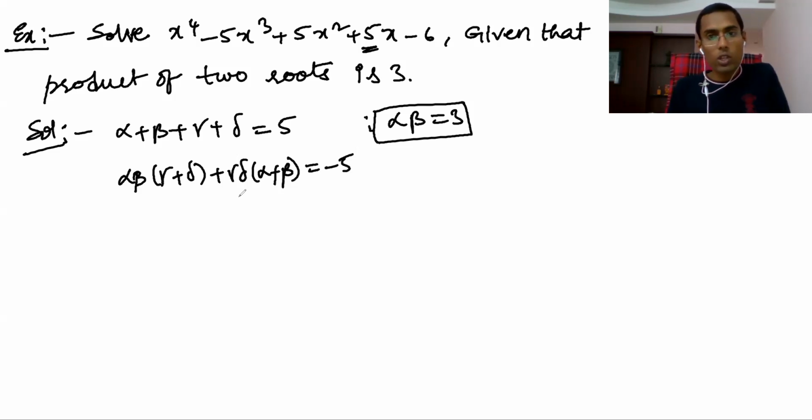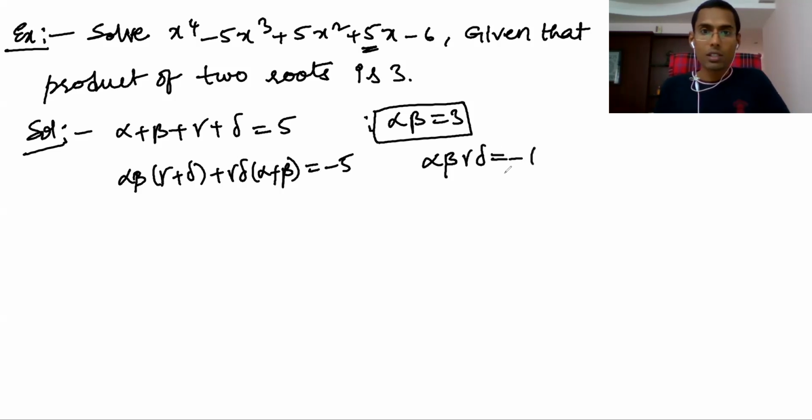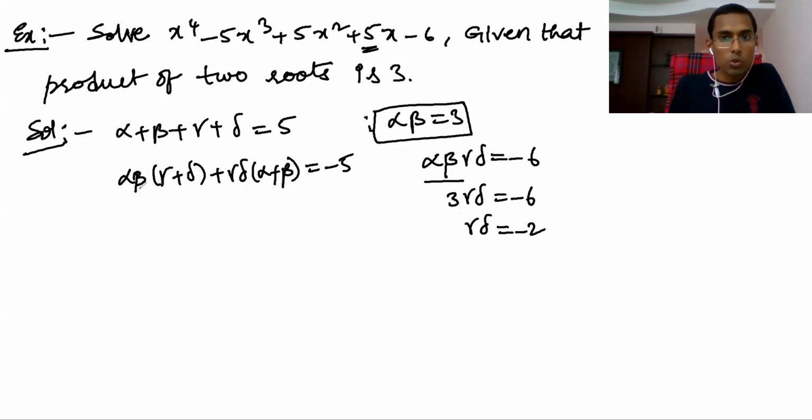I know the product of all four roots, alpha beta gamma delta, is minus 6. So if alpha beta is 3, then gamma delta is obviously minus 2. Substituting, 3 into (gamma plus delta) plus minus 2 into (alpha plus beta) equals minus 5.